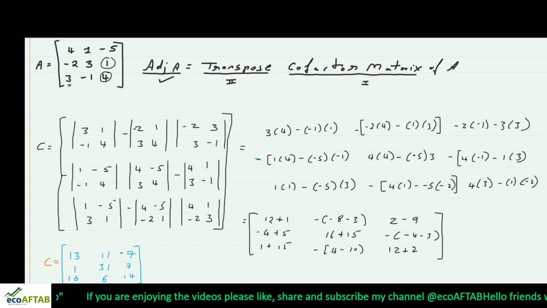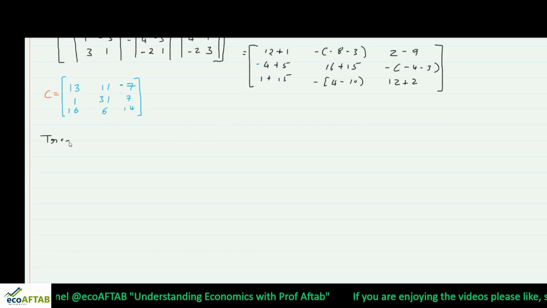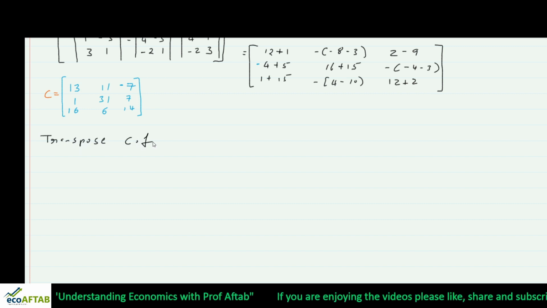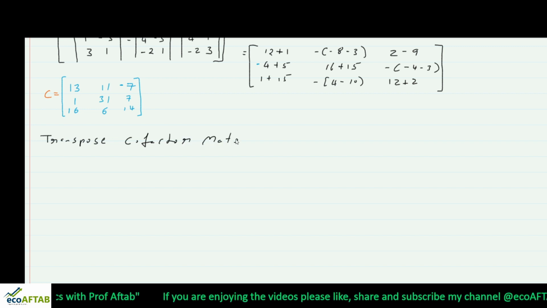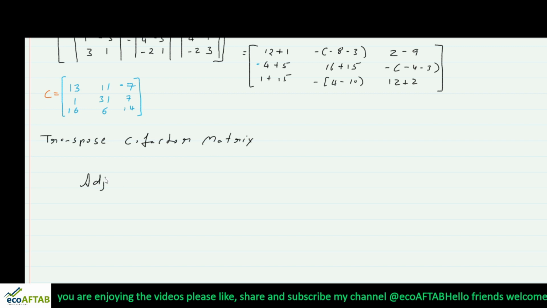our cofactor matrix. We need to transpose our cofactor matrix. And when we transpose this cofactor matrix, what we get is the adjoint of matrix A, and that is just interchanging the rows and columns.